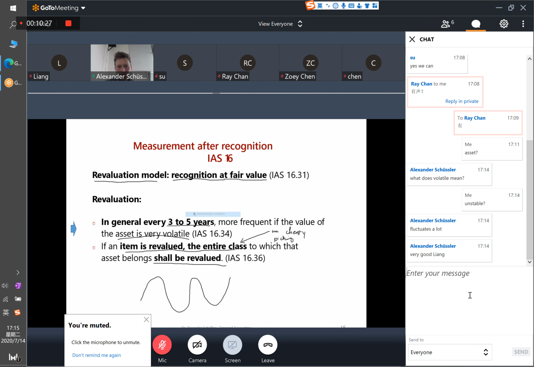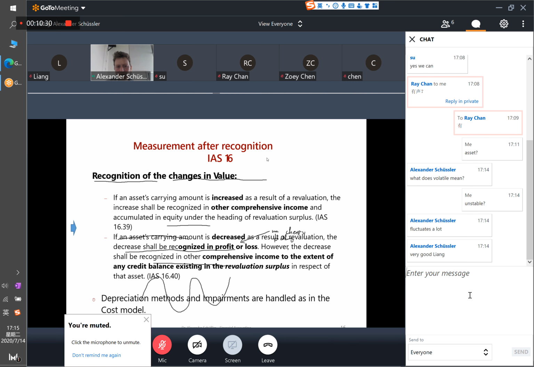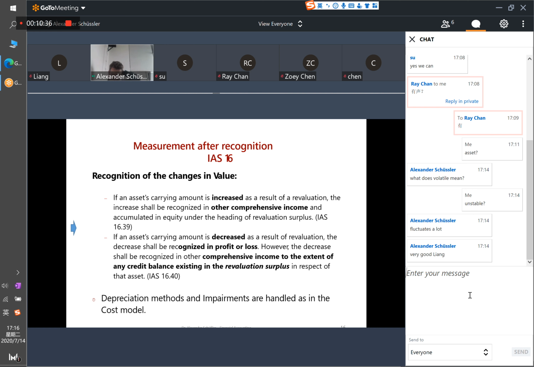So the question is how to recognize the changes in value if you use the fair value, the revaluation model. Generally, if an asset's carrying amount is increased, then the increase shall be recognized in other comprehensive income, and it's called revaluation surplus.